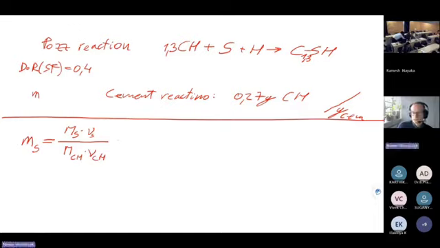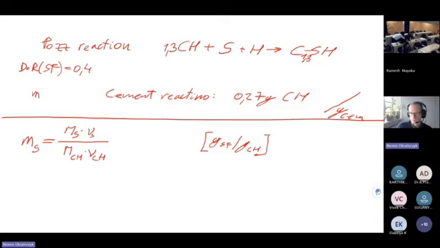And then what will be the units here? This will give you units of grams of silica fume per gram calcium hydroxide. But we know that we have 0.27 gram of portlandite per gram of cement.